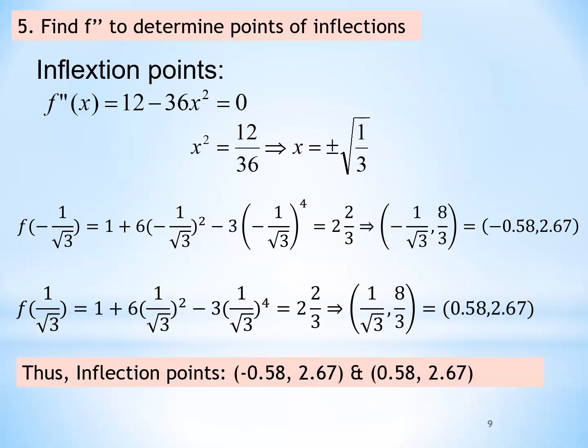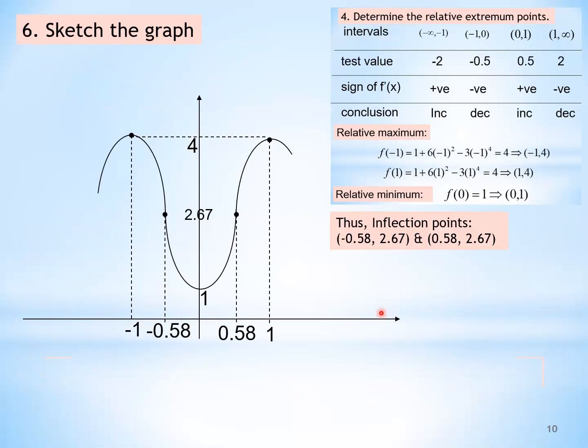Now you can draw your graph. Remember again, using this part, you're going to draw your graph. Again, increase means like this, decrease, increase, decrease. Okay, does it look similar to this? Yes. Okay.